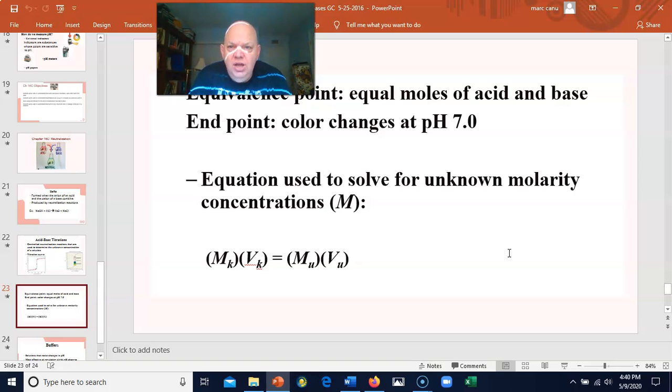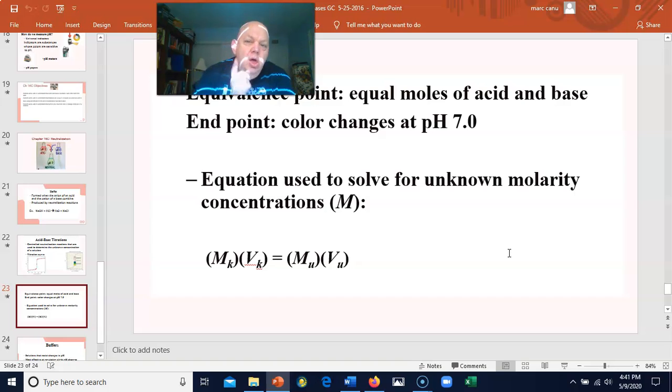So weak acid, weak base, maybe 5% dissolves in the water. Whereas the strong acid, strong base, all of it dissolves, about 100%. So that equivalence point and end point, if it's strong acid, strong base, weak acid, weak base, that's going to work, where the equivalence point will be the same as the end point.